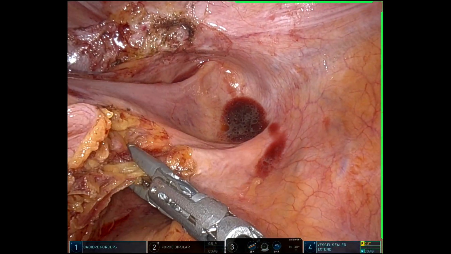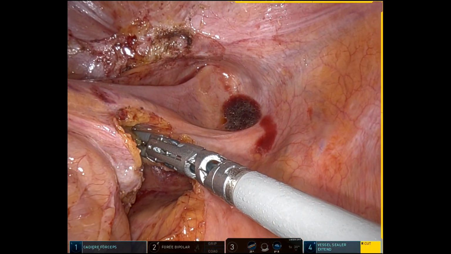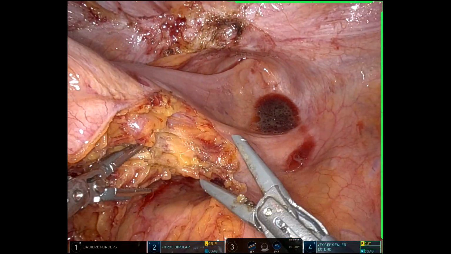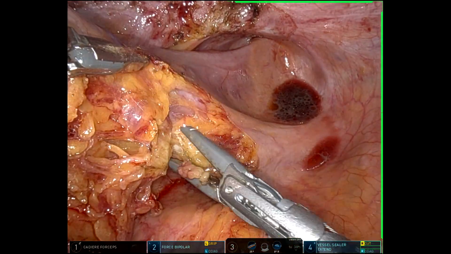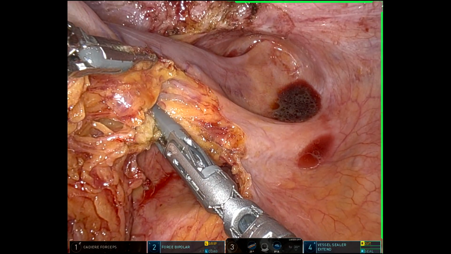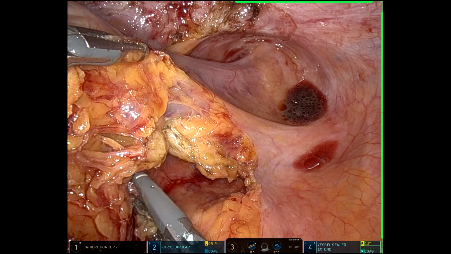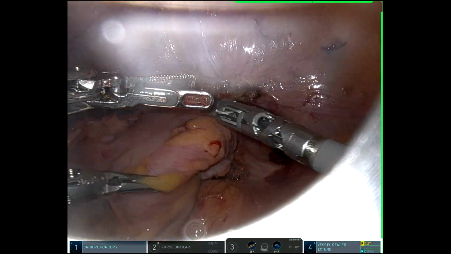Here I'm dividing distally. In an individual who has not had a colonoscopy and the specimen is too large to be removed as a single piece, I will not morcellate it, and I'll do a standard Pfannenstiel incision extraction, which is what I ended up doing in this patient. But for right now, I'm just going to go ahead and clear the mesentery to the proximal and distal margins.